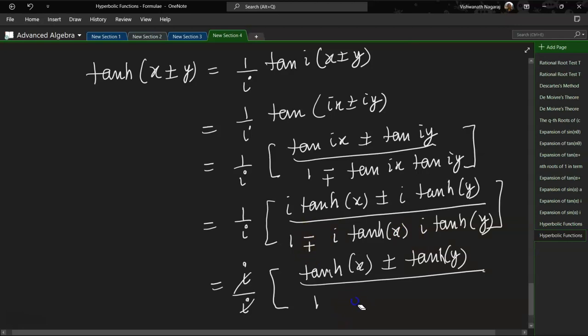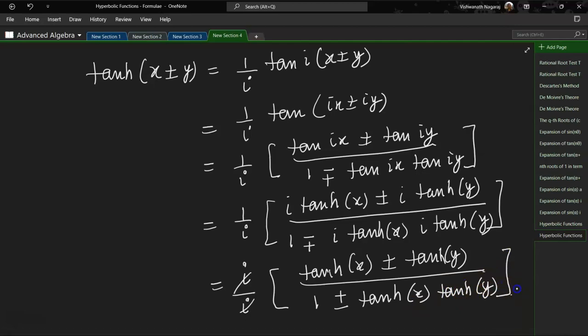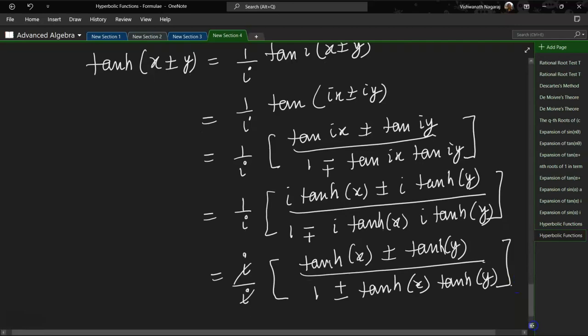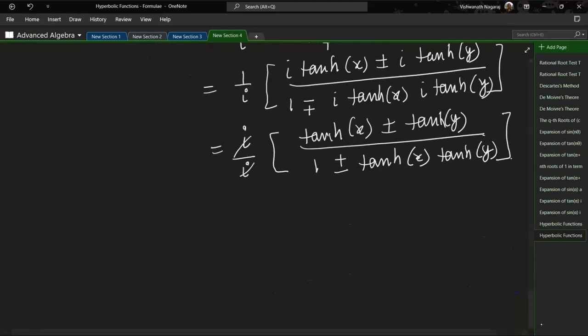Which means I need to reverse the sign, so this will become 1 plus or minus hyperbolic tan x and hyperbolic tan y. It's very tricky, not to miss an h. It makes a big difference if you miss an h. Okay, anyhow, so that's it.